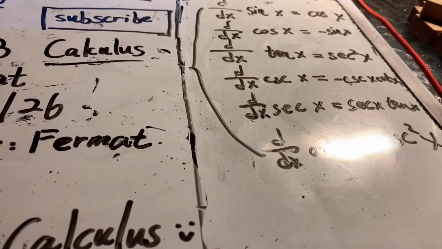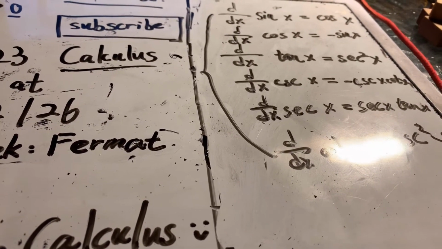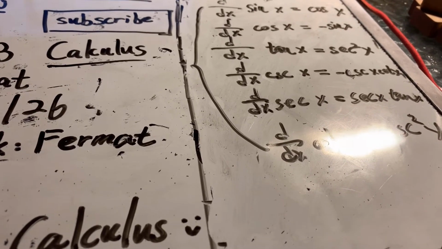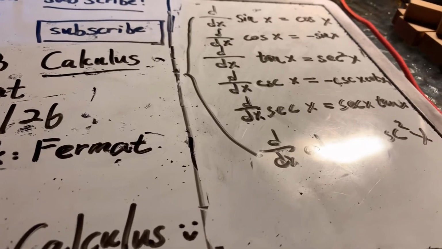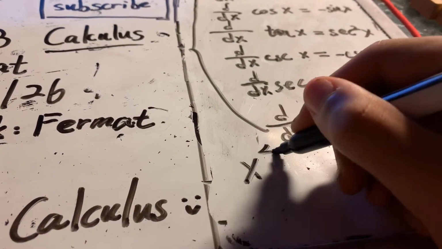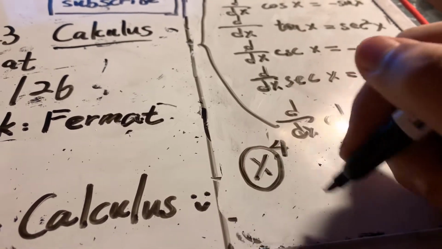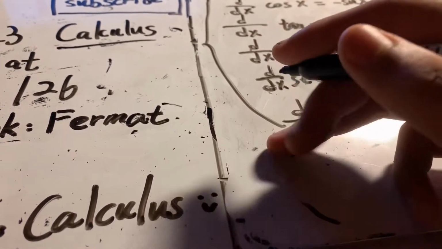Let's continue to talk about the chain rule. What is the chain rule? As we know, the rules of exponentials only work if it is a single variable. So what does this mean?